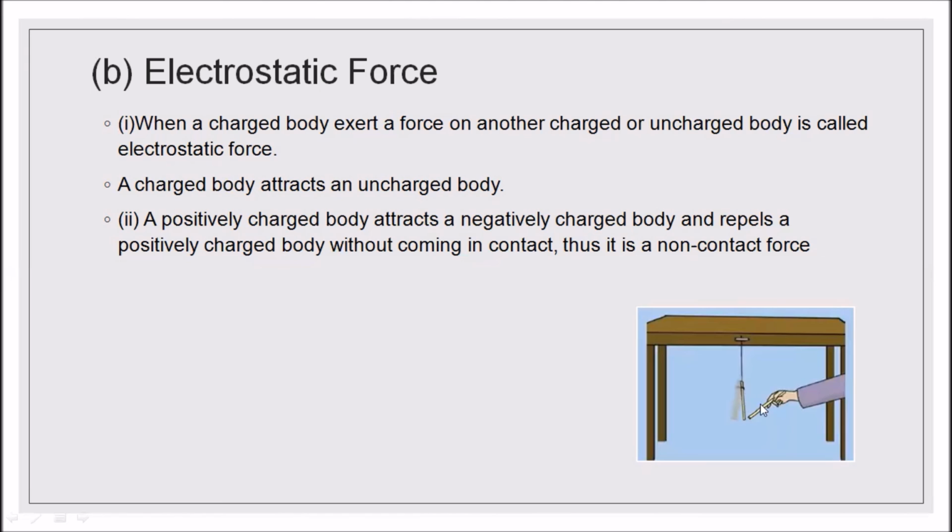If a charged body and another body come near each other, they are attracted if they have opposite charges and they repel if they have the same charge. So in this experiment, you can come to know which type of charges are there.